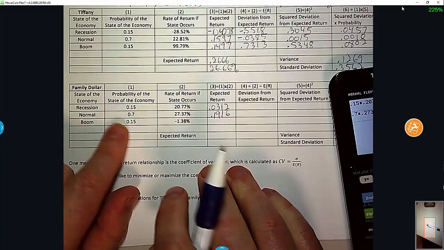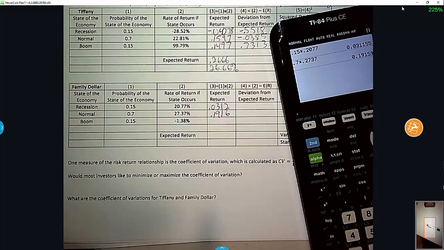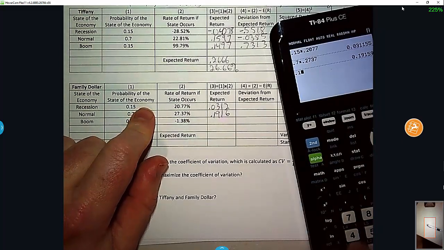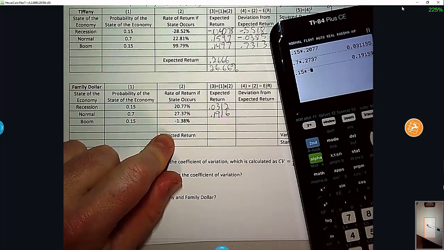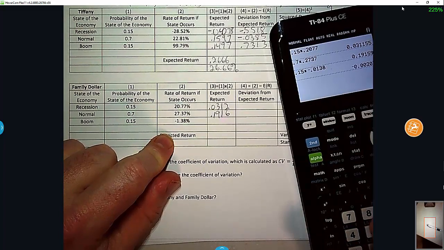And then finally 0.15 multiplied by negative 1.38% gives me a value of negative 0.0021.